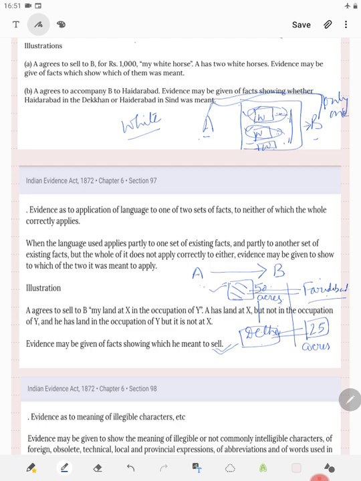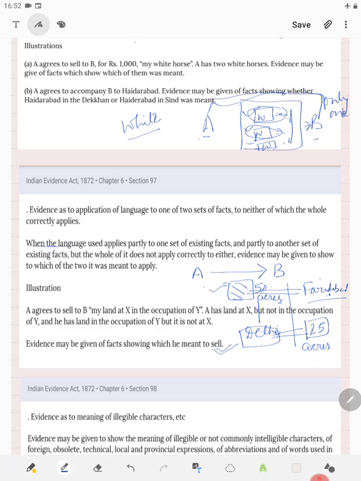So in this case, there are two sets of facts and it applies to none in the exact sense, then evidence can be given as to what was exactly meant.